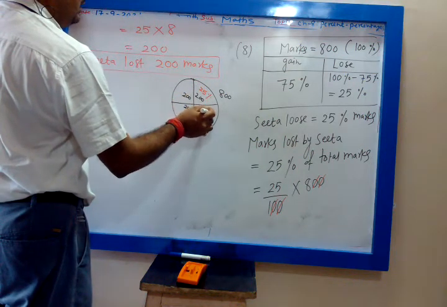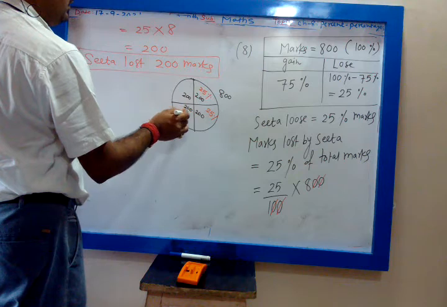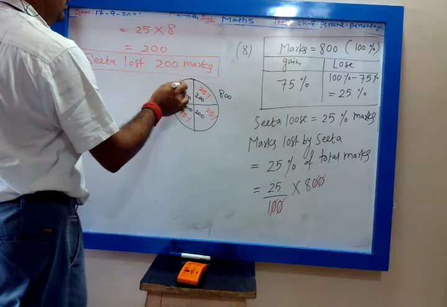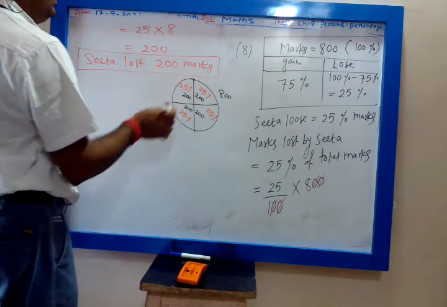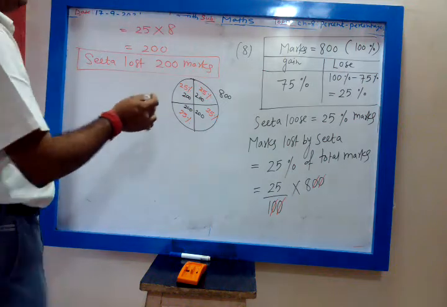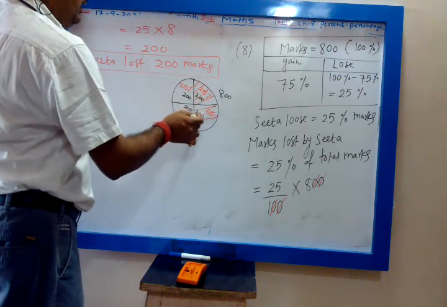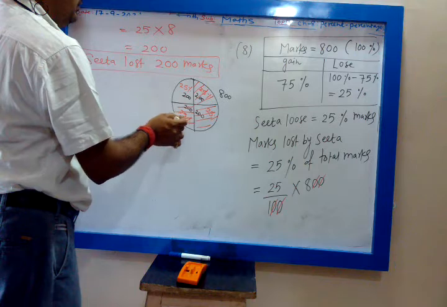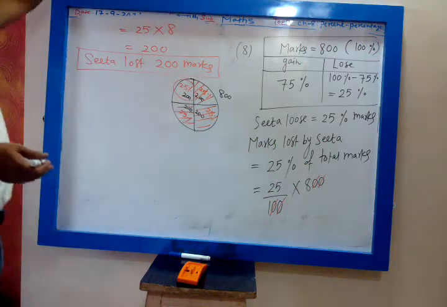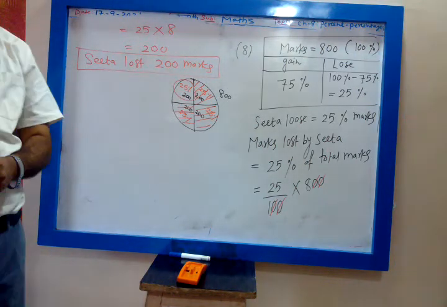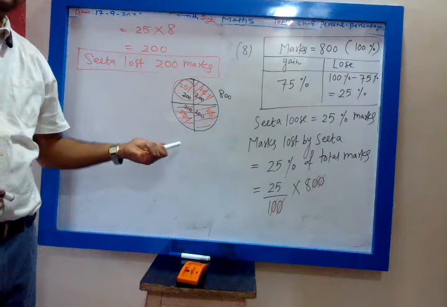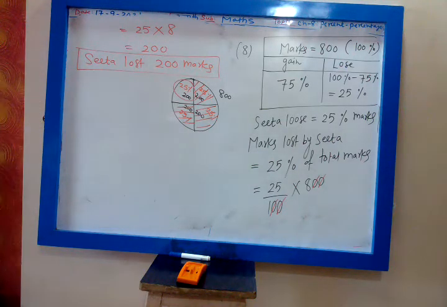How much percentage has she gained? 75, which means 25, 25 and 25. How much is left? 200 is left. So you can solve it this way also, using fractions.